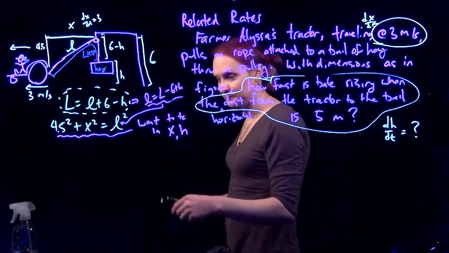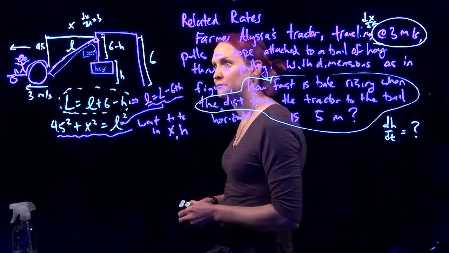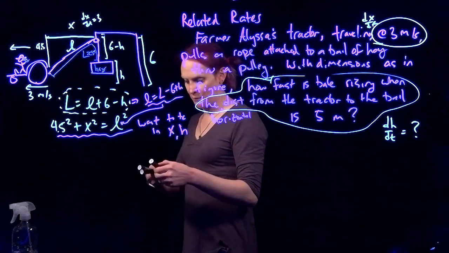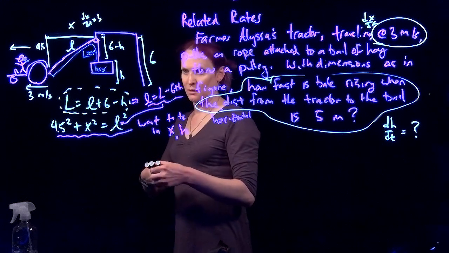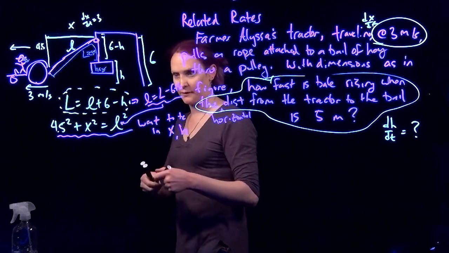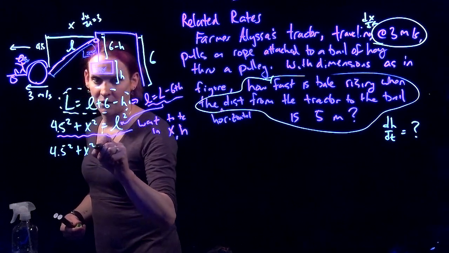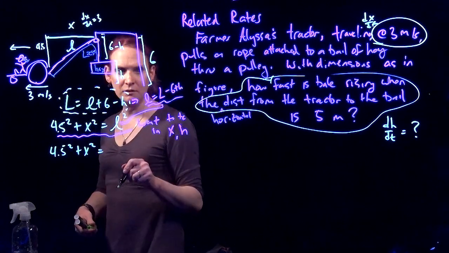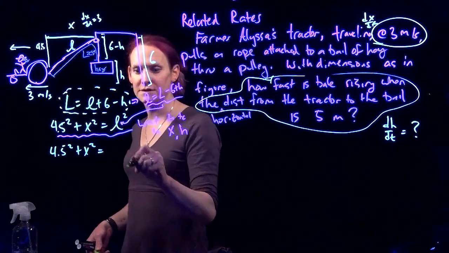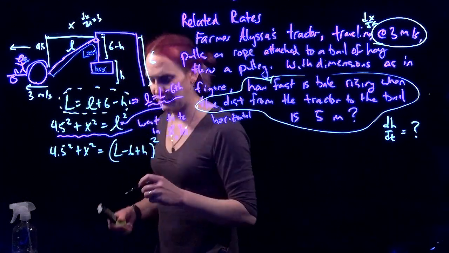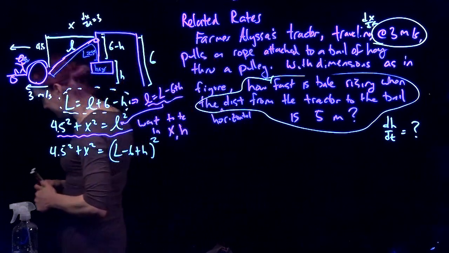L is a constant. So let's write this out: 4.5 squared plus x squared equals (L minus 6 plus h) quantity squared.